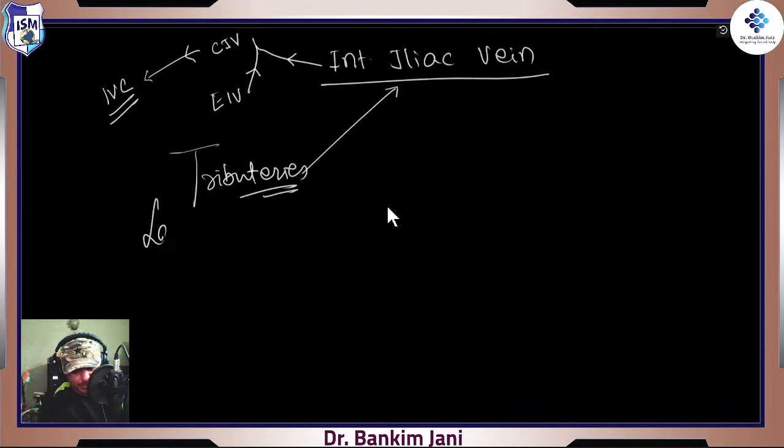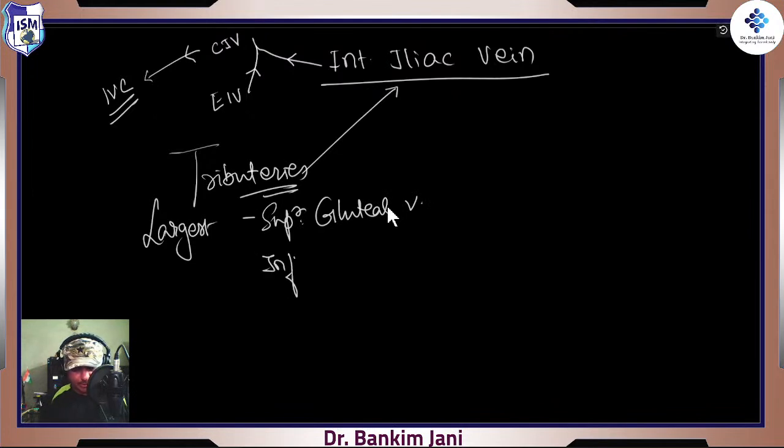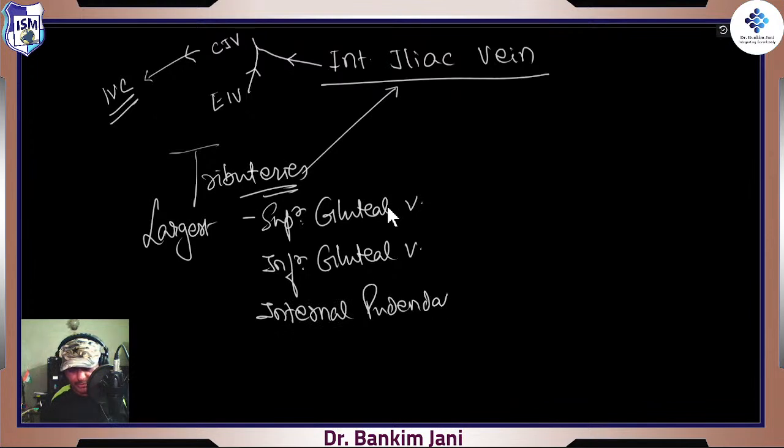So over here, the way it was with the artery, same way here it is the superior gluteal vein, right? Superior gluteal vein, which is the largest. Then there is the inferior gluteal vein, right? Then same way there was the internal pudendal, so here also there is the internal pudendal vein.